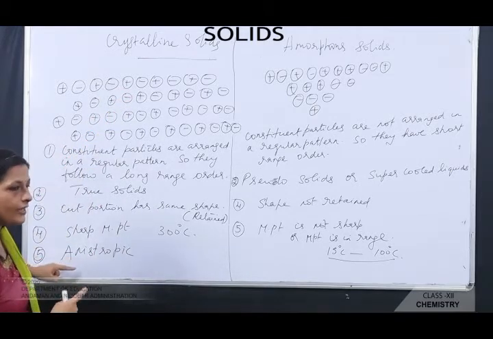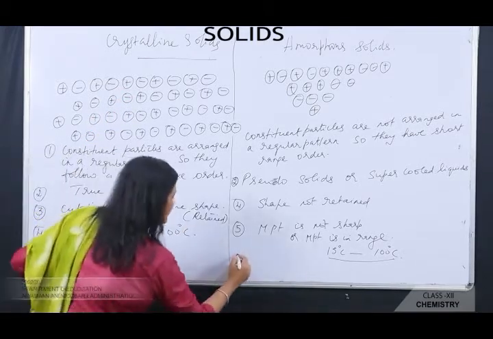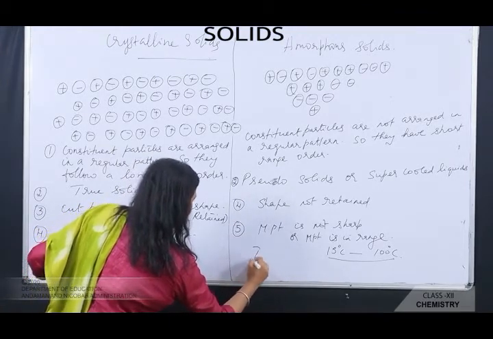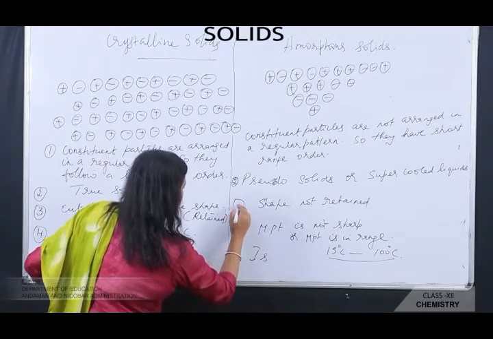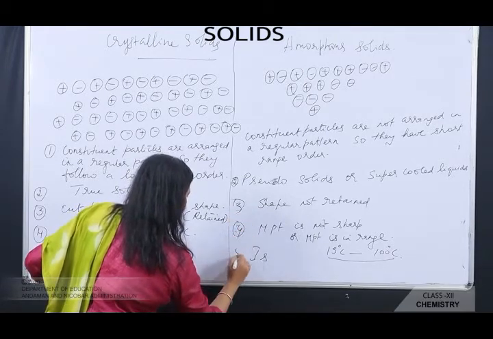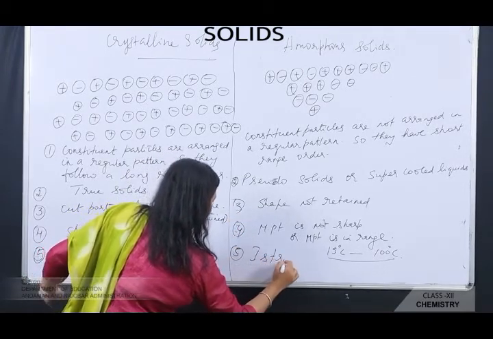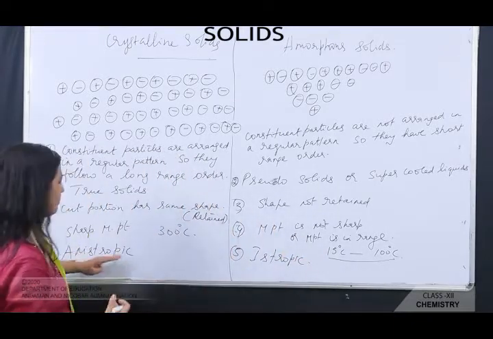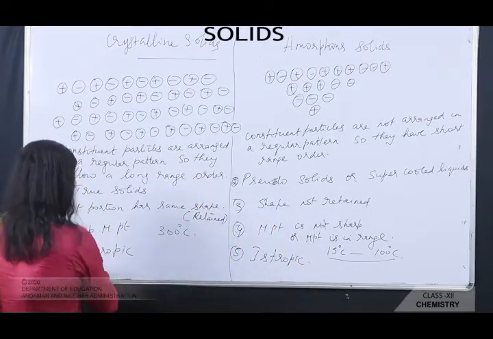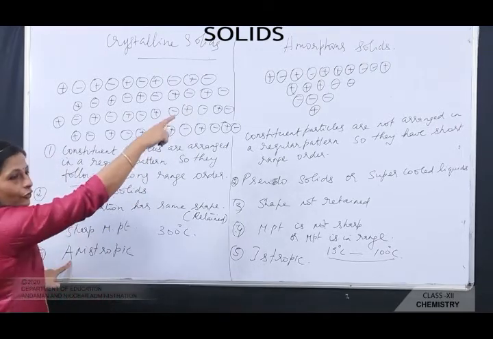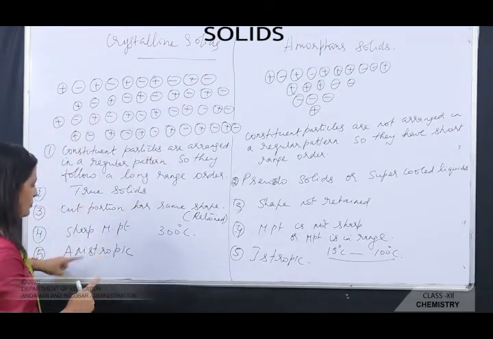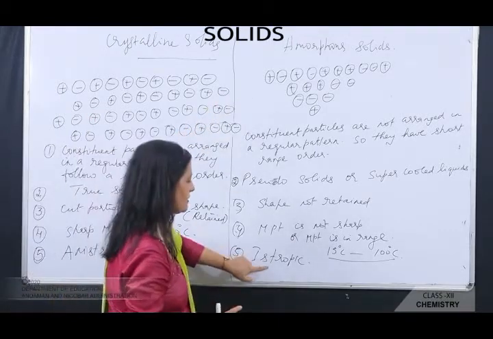Crystalline solids are anisotropic and amorphous solids are isotropic. Many of you get confused with the words anisotropic and isotropic, because when you see anisotropic, you think that it is related to amorphous solid. So no, crystalline solids are anisotropic and amorphous solids are what?